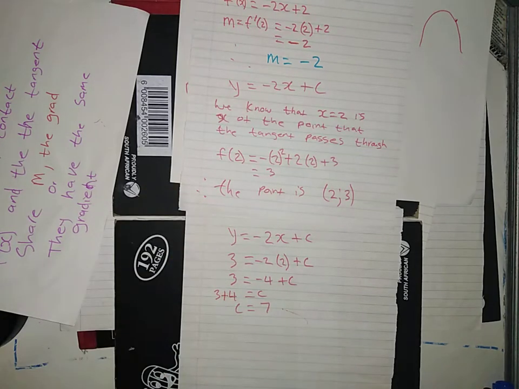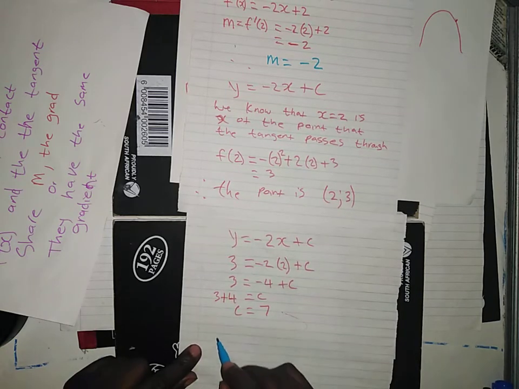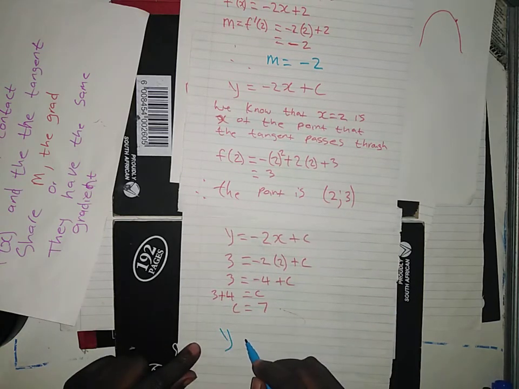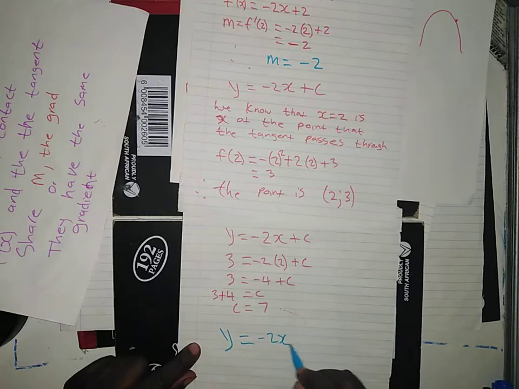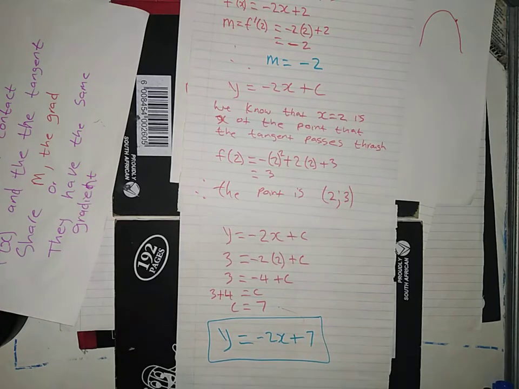So your graph is what? Let me write it. So your graph will then be y is equal to minus 2x plus 7. So this is your final answer. All right?